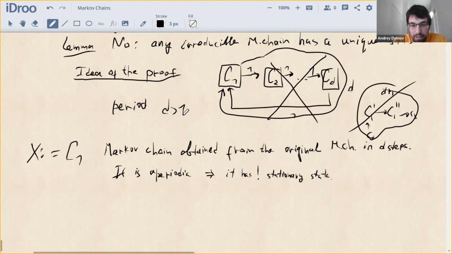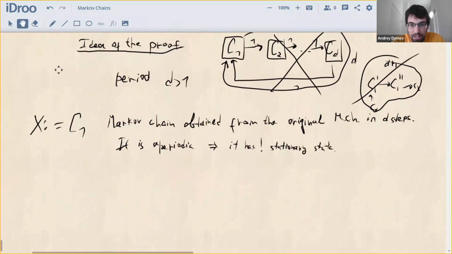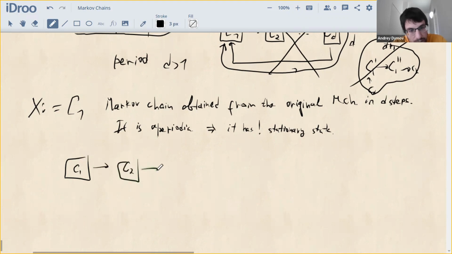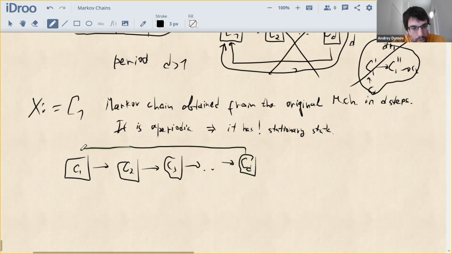You just take, but this is rather clear, you just take this stationary state for this smaller chain, and then you spread it over all the chain. Because look, if you start from C1, then you should pass, as we know, to C2, then to C3, etc. And then you pass to CD. And from CD, you return back to C1.